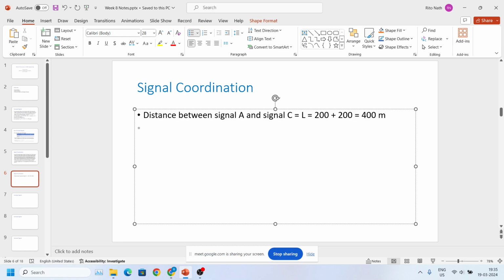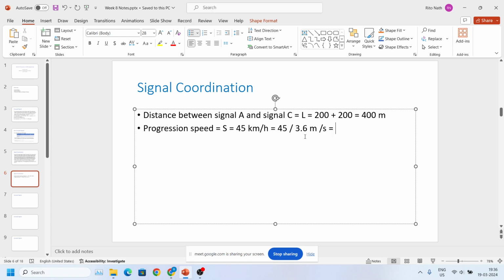And then you have the progression speed, which you can write as S, and this is given as 45 kilometers per hour. Now you have to convert it into meters per second, because ultimately you need L divided by S, and the unit of L is in meters. So this is 45 divided by 3.6 meters per second.